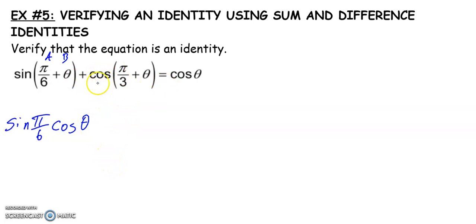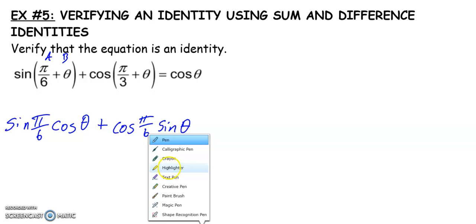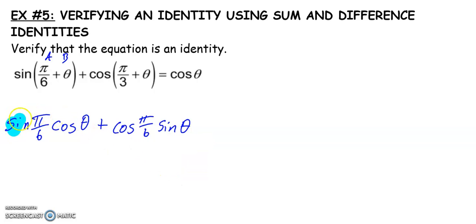I'm working on the left side because that is the more complicated side, plus the cosine of pi over 6 times sine theta. This whole thing is that expanded out.